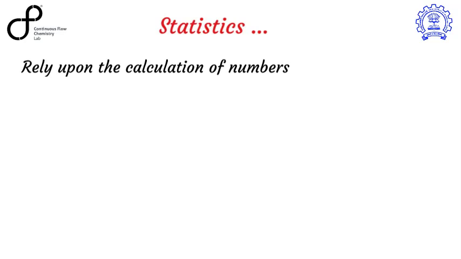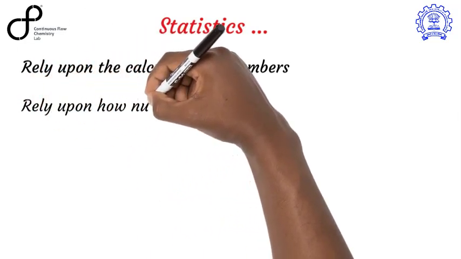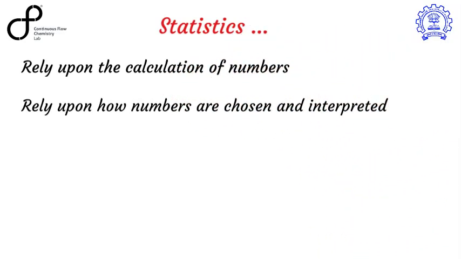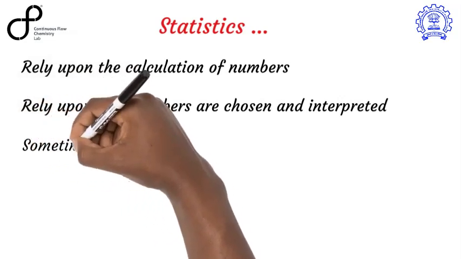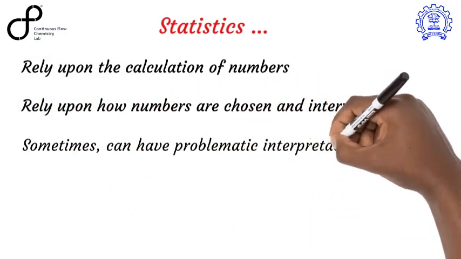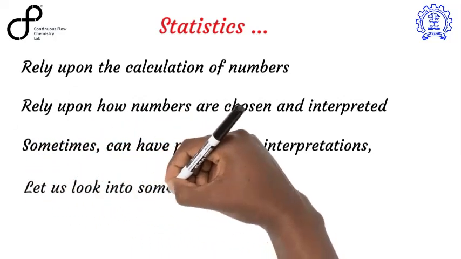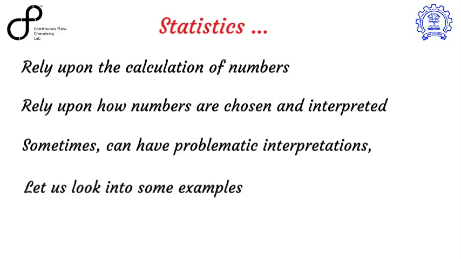But it also relies heavily on how the numbers are chosen and how the statistics are interpreted. You will find that the numbers may be right, but the interpretation may be wrong. Let us now look into a few examples wherein facts and figures are provided, along with an interpretation. Try to identify a major flaw with each interpretation.